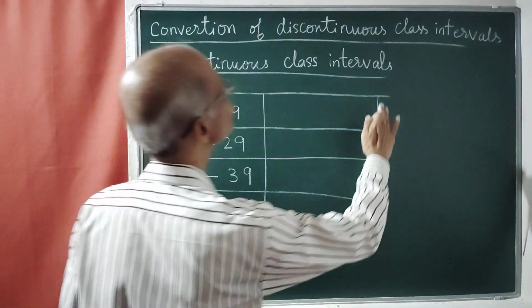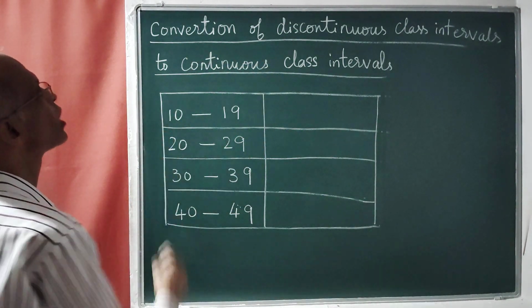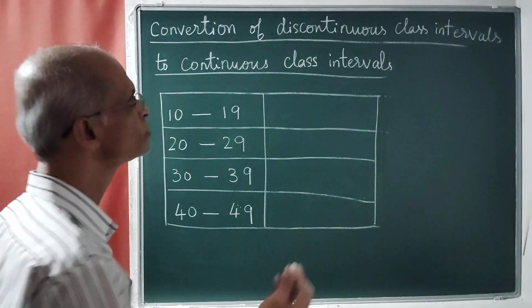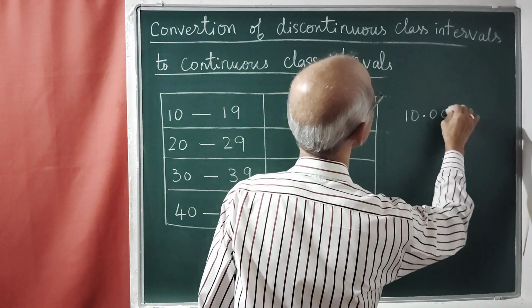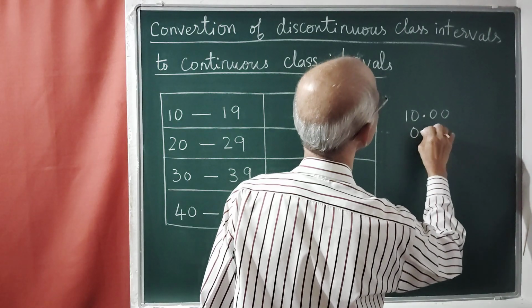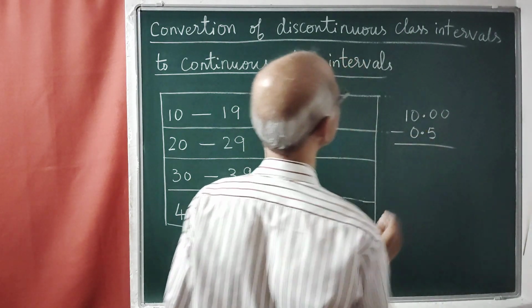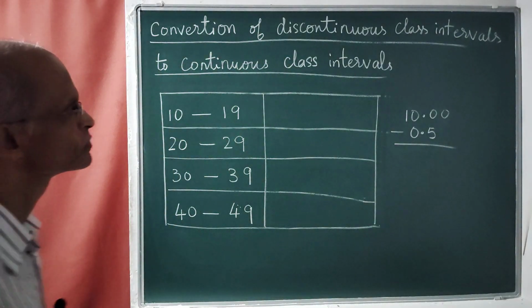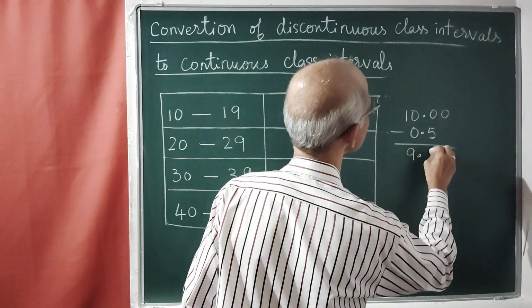For this, what you should do, from the lower limit we have to subtract 0.5. So 10 minus 0.5 gives 9.5.